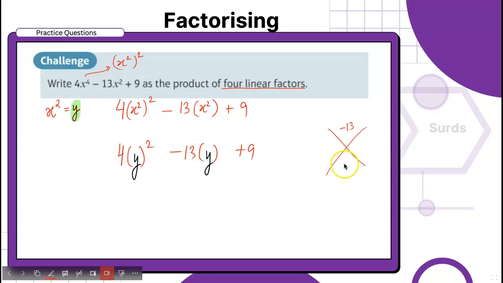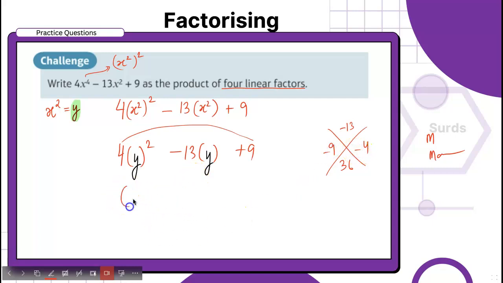What multiplies to give you, or adds to give you minus 13, and multiplies to give you 4 times 9, that means 36. And when it is middle minus, that means both numbers are going to be minus. So I think 9 and 4, they both make 13, no? And if you multiply, they both make 36. Just negate them, minus.